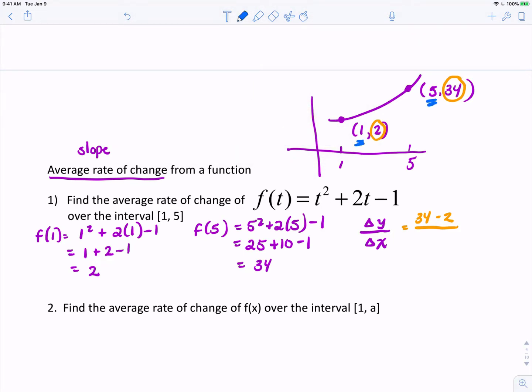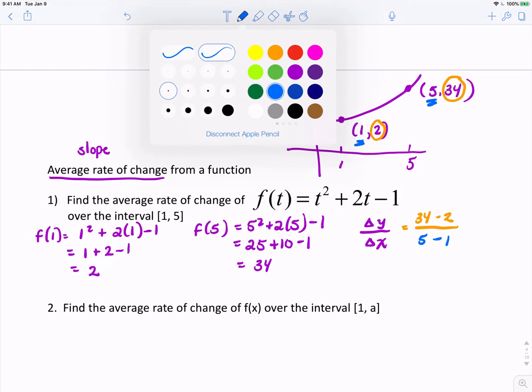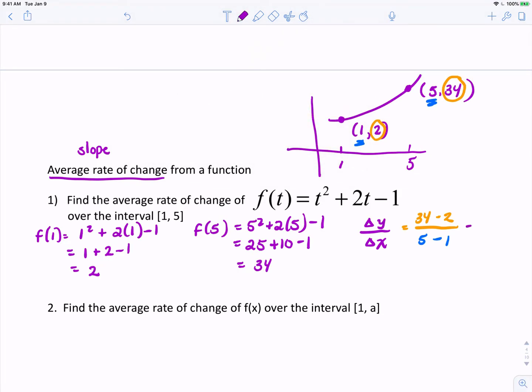Our x coordinates are 1 and 5. So we have 5 minus 1. When we compute this, we're going to have 34 minus 2 is 32, divided by 5 minus 1 is 4. And you can just leave your answer like that, or if you want, you could reduce it.